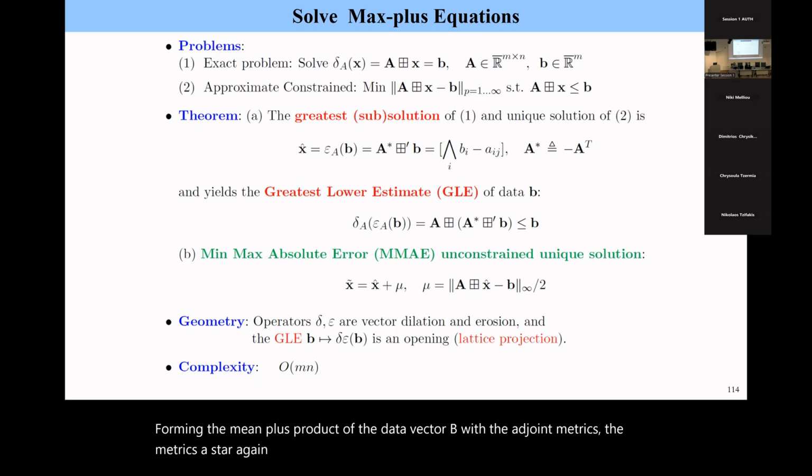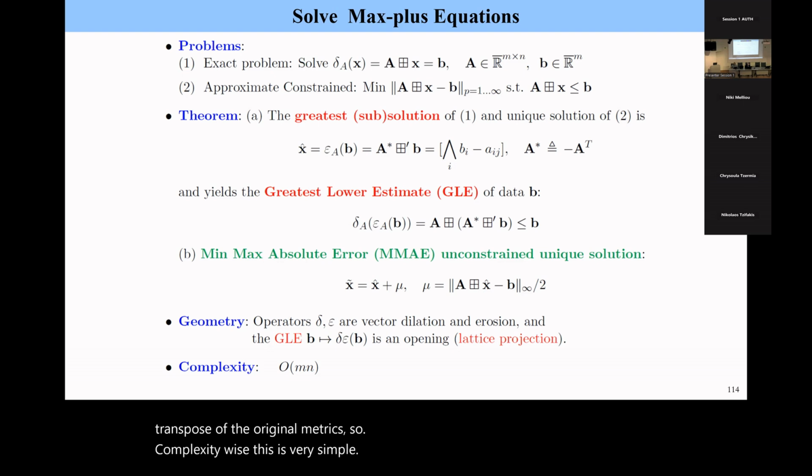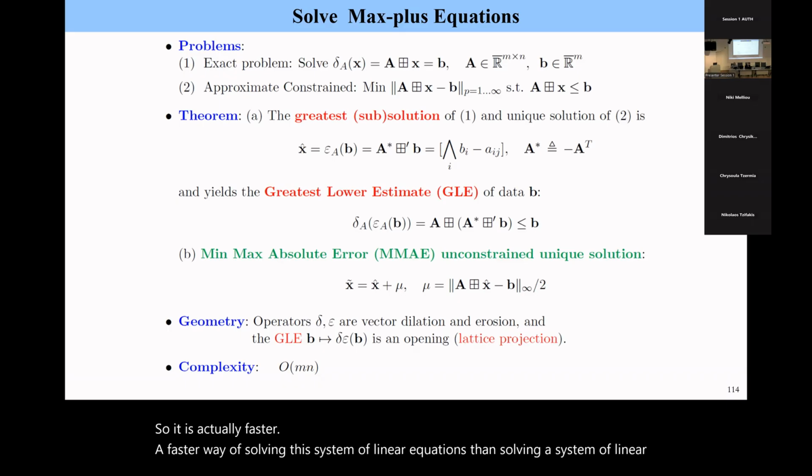Again, in max-plus algebra, the adjoint matrix is the negative of the transpose of the original matrix. So, complexity-wise, this is very simple. It has complexity m times n only. So it is actually a faster way of solving this system than solving a system of linear equations with the same size.